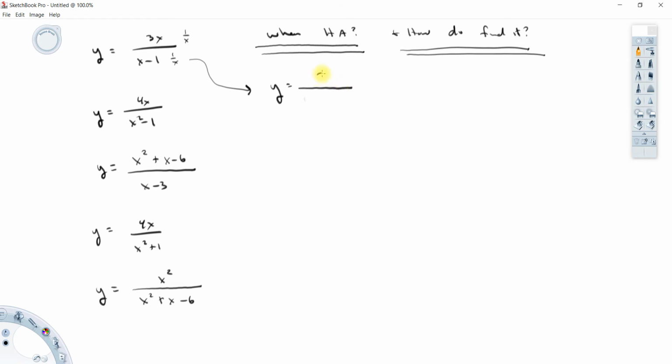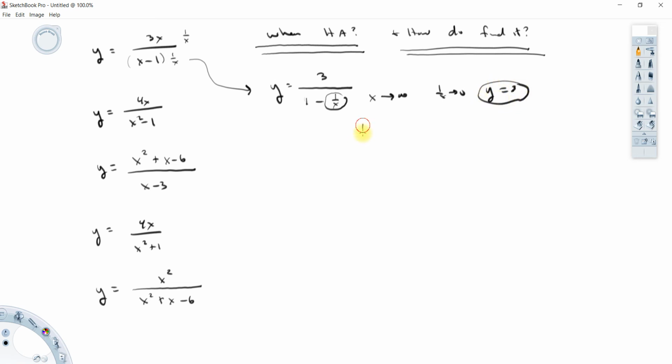the top is going to become a 3. The bottom, this product, is going to be 1 minus 1 over x. And when x gets very large, we say when x goes to infinity, 1 over x goes to 0. So this becomes a 0. And then y is going to 3. And there is the equation for your horizontal asymptote.